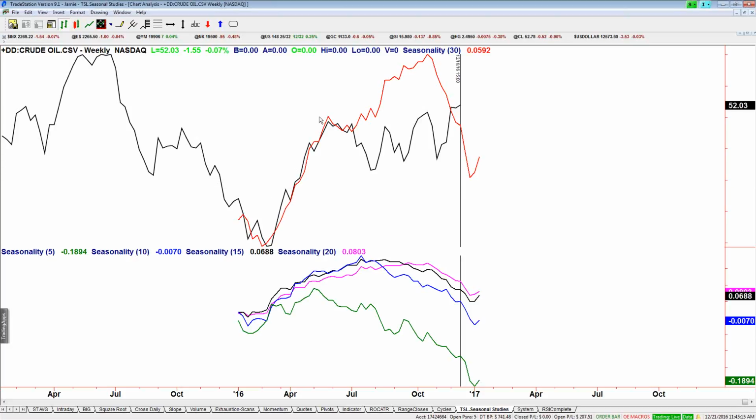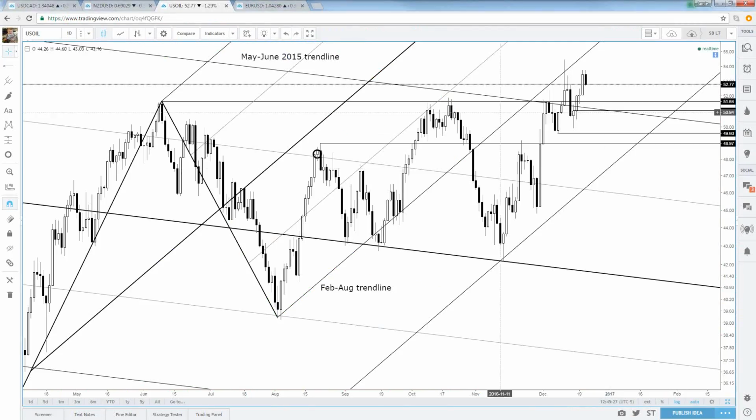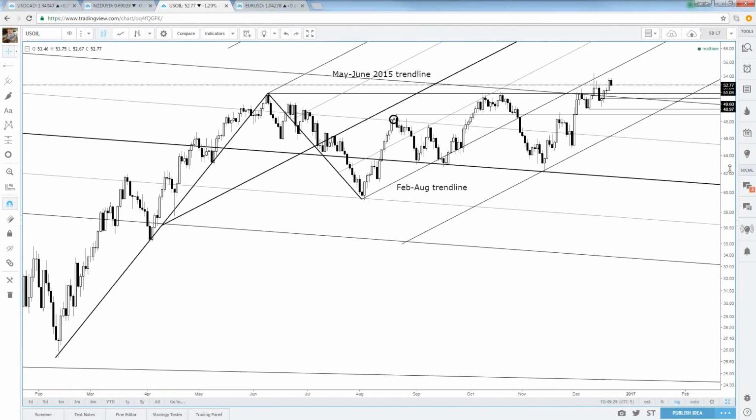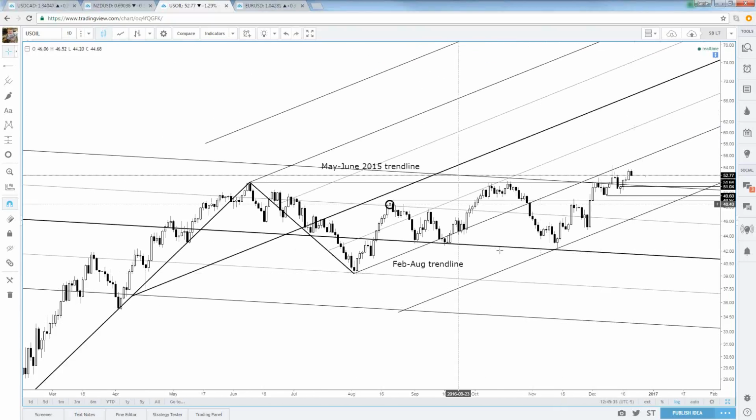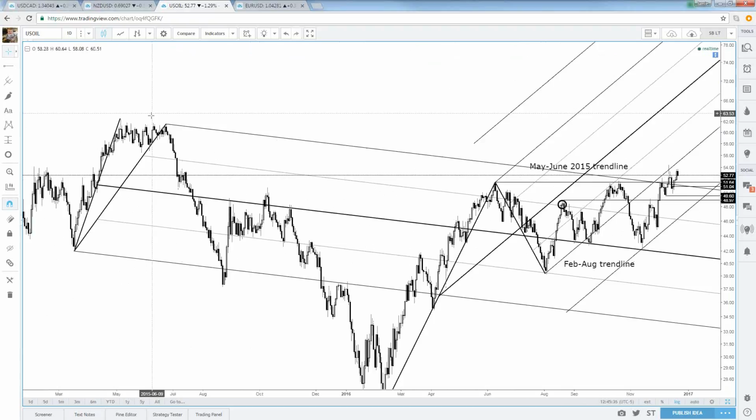So, it would not be much of a surprise to me, and I think it fits very well with what we're seeing in the pattern from just a classical charting perspective. We've broken through this trend line.